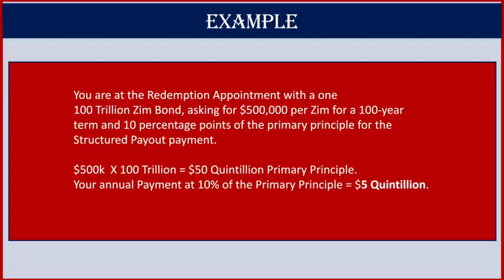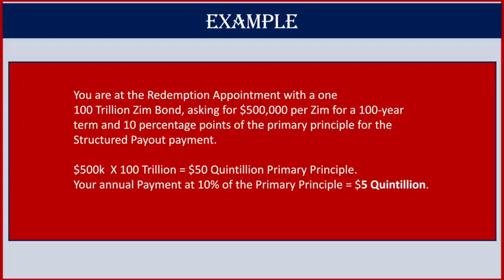So if you request 100 years, it will be putting $500 quintillion in your structured payout account. It's already set aside for you, in the beginning, for the full 100 years.